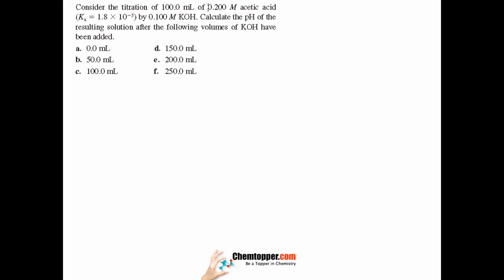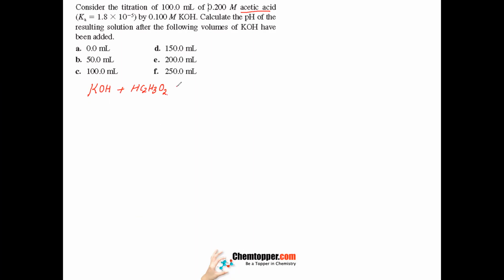So shall we start? What should I do first? Very first thing that you write down the reaction. KOH is there. You can see this formula will be given to you. It is HC2H3O2.